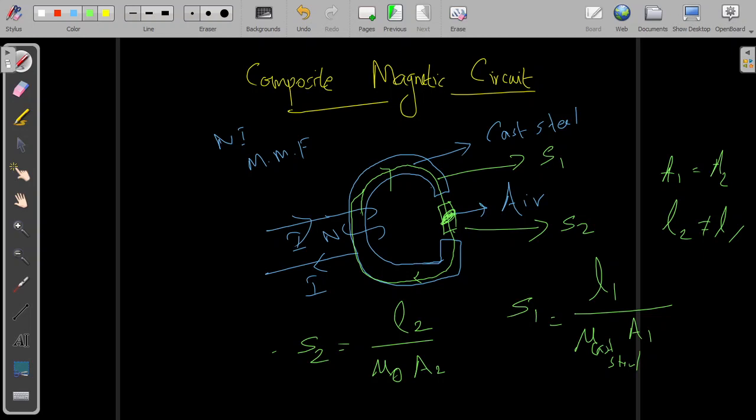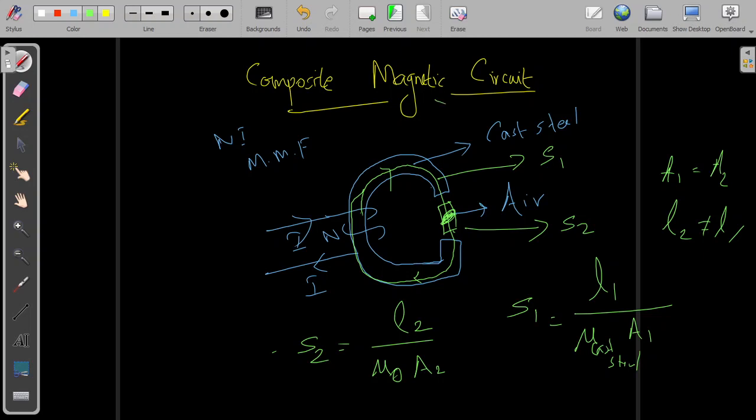This kind of magnetic circuit is known as a composite magnetic circuit. That means two or more different magnetic materials or different magnetic paths are joined together.